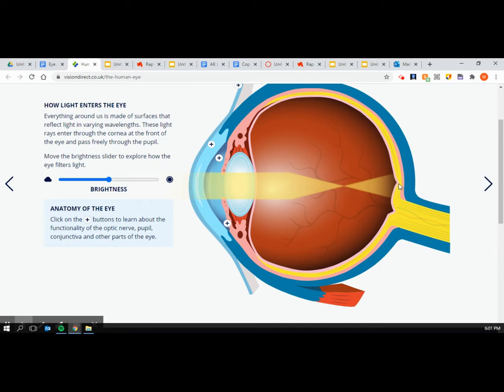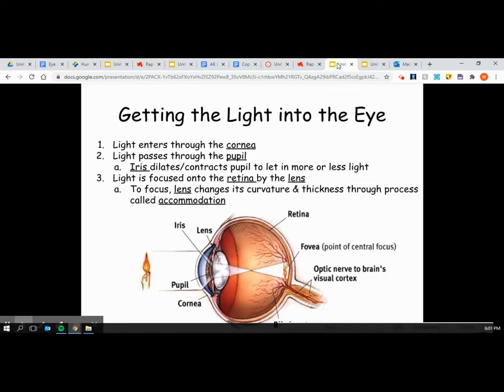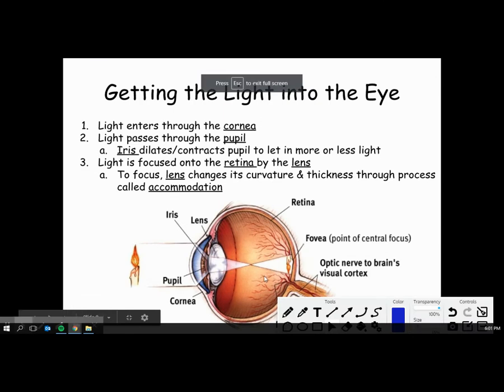It doesn't focus it directly on the retina though. What it actually does is whatever the light energy, whatever the images you are looking at, it actually flips it upside down.